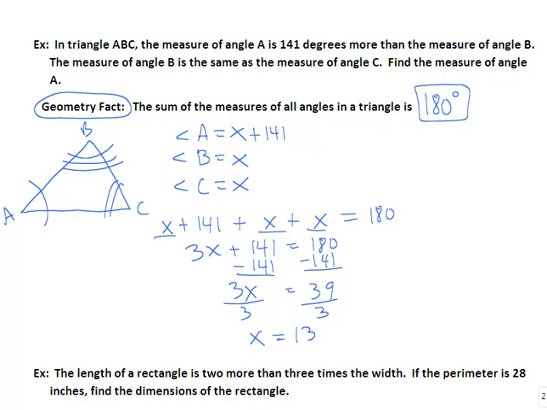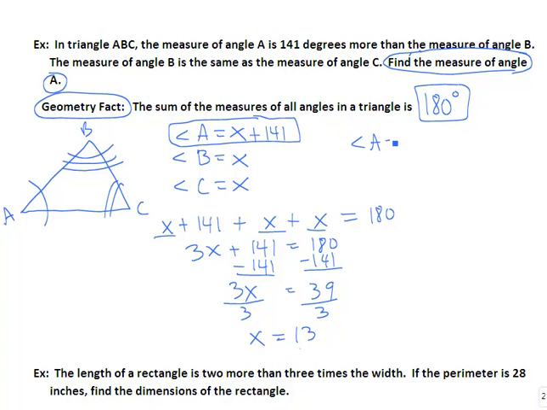Now here's another thing you want to be really careful about when you're solving word problems. You don't necessarily have the final answer once you find x. You want to make sure that you read the last sentence of the word problem, because that usually tells you exactly what they want to know for the final answer. In this problem, we want to find the measure of angle A. So look back up here where we defined angle A. Angle A is x plus 141.